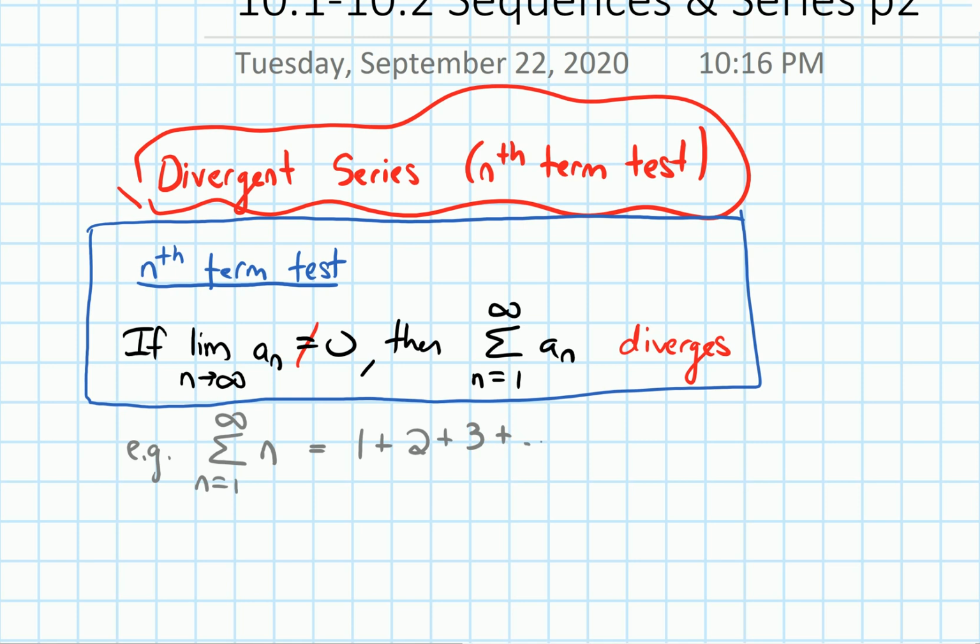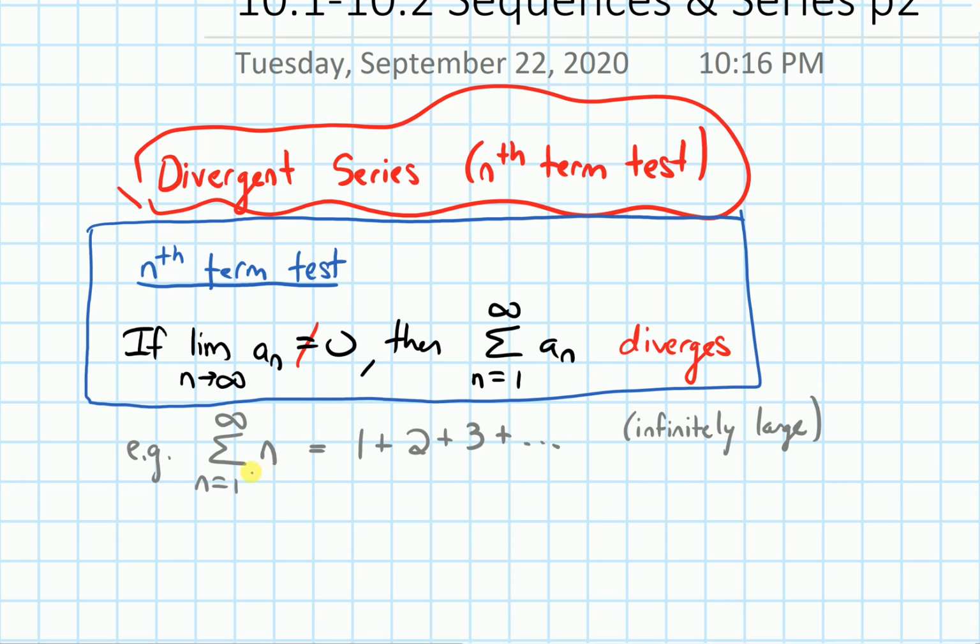So I'm getting 1 plus 2 plus 3 plus dot dot dot forever. So it definitely seems like this is going to be infinity, somehow infinitely large. So it does make sense intuitively that this should diverge. The sum is not going to be finite.